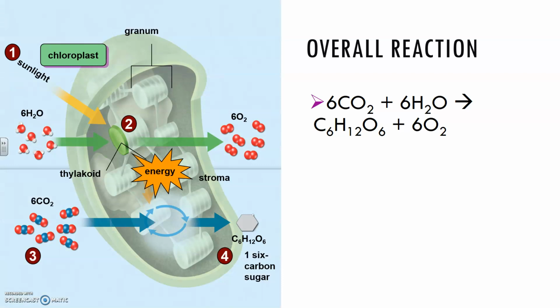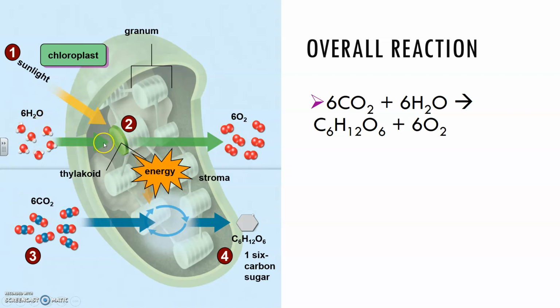So this is looking at it all together. In the light-dependent reactions, you're going to have sunlight coming in, passing energy off into the thylakoid membrane. The thylakoid membrane is also going to take hydrogens from water molecules and release oxygen.